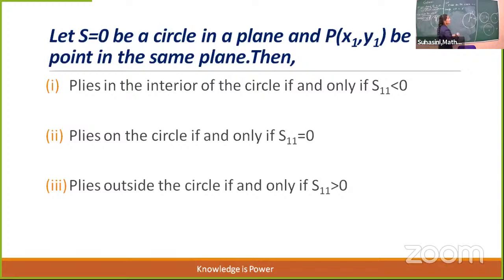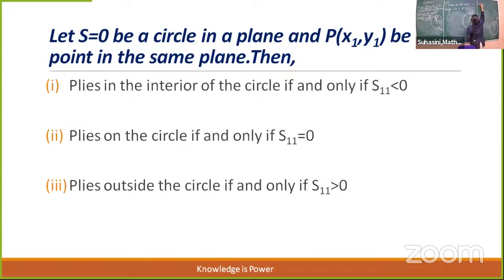What happens if the chosen point P is in the exterior plane of the circle? Let us take the circle with center C, where the point P is in the exterior plane of the circle, outside the circle. This is any point, and this is the radius.